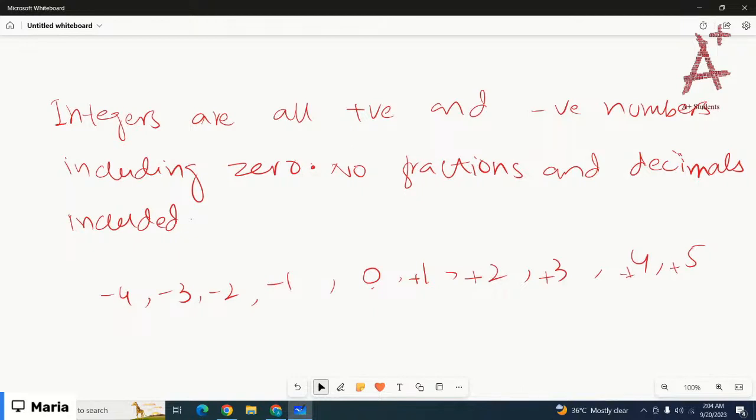Let's just understand a bit of the integers. Why do we use integers?